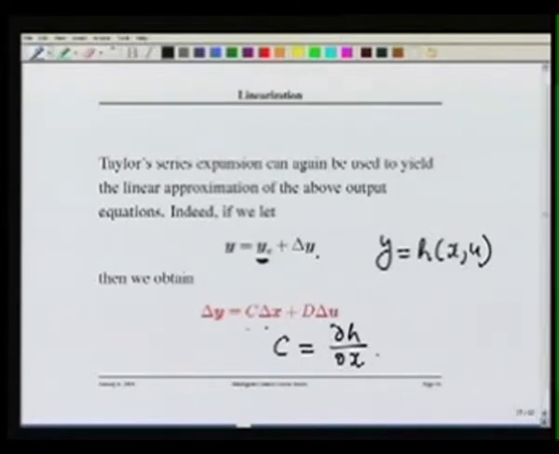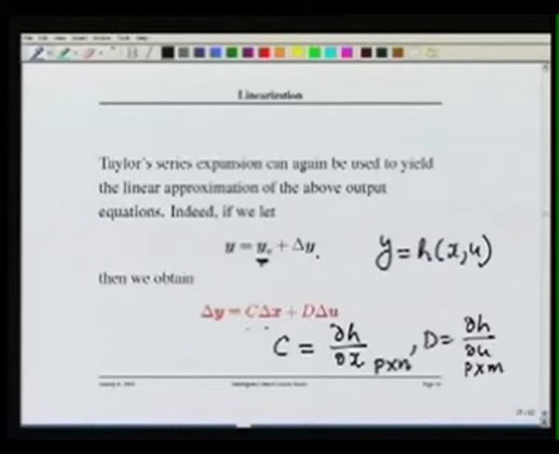This has to be a P into n matrix, and similarly D is del h upon del u. This has to be a P into m matrix. That is how we linearize the output y around the equilibrium point y_e.